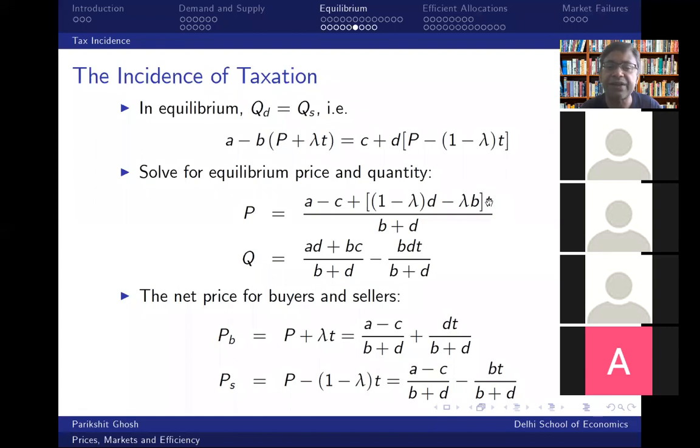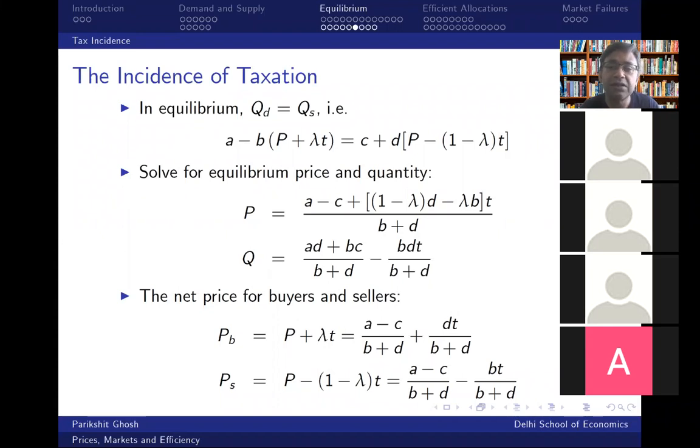The aggregate tax rate T and the splitting formula captured by lambda. So this is our price. And then you plug that price back into either the left-hand side or the right-hand side, either the demand expression or the supply expression, and you get an expression for quantity, which I've written down here, and that's what you see, okay?